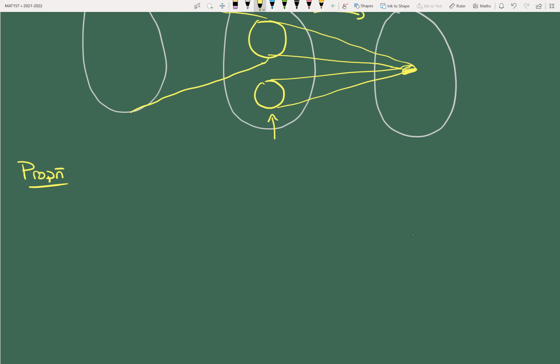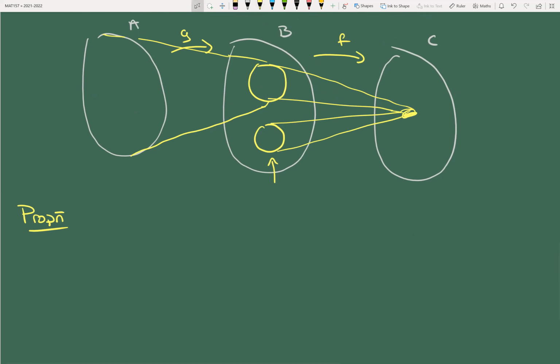Okay, proposition. So this is probably the hardest one. It's not hard, but I think if you don't know how to think about functions, and I'm still trying to get you to think about functions. You see how I've been writing the functions up here as two sets, and it's almost like a factory machine, right?